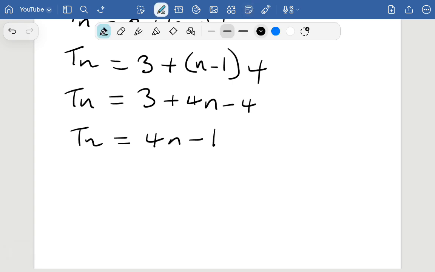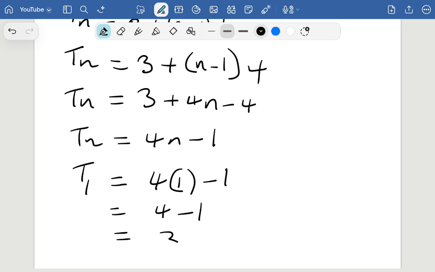So let's prove. When we want to find T1, we just say T1 is equal to 4, where I see n, I put 1, minus 1. This will give me 4 minus 1, and the answer is 3. Indeed, T1 is equal to 3.